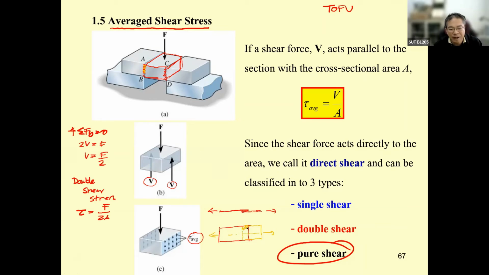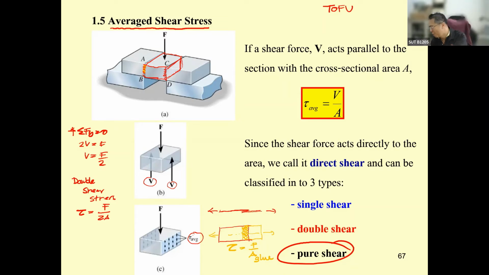The screw area is used to determine the stress, which equals the force divided by the area of the screw. Since this one has only one surface, it is a kind of single pure shear.